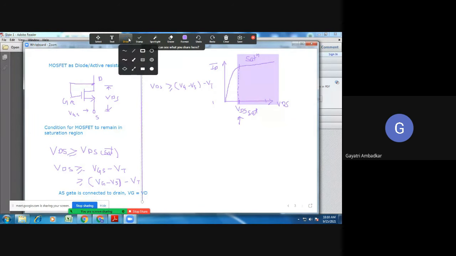Let's keep this value as it is. VDS I'll write as VD minus VS, which must be greater than or equal to VG minus VS minus VT.